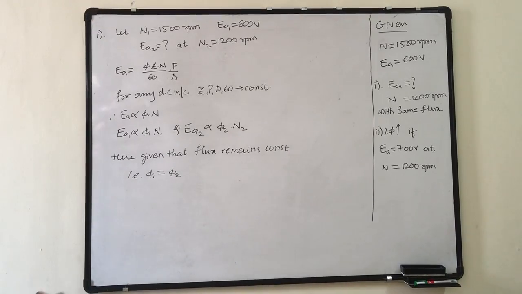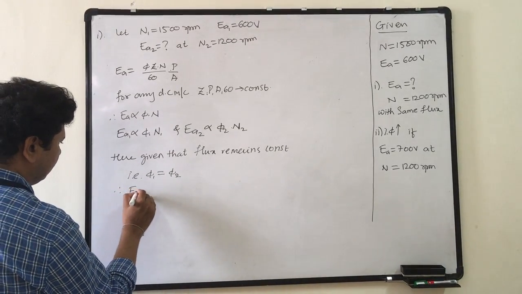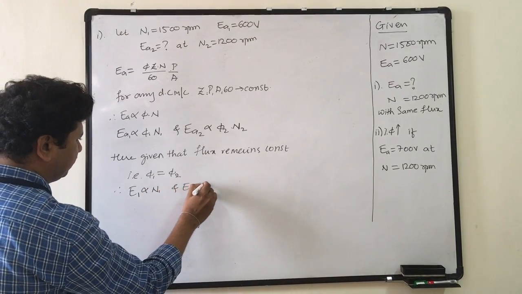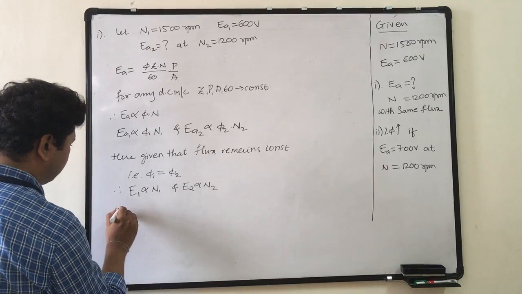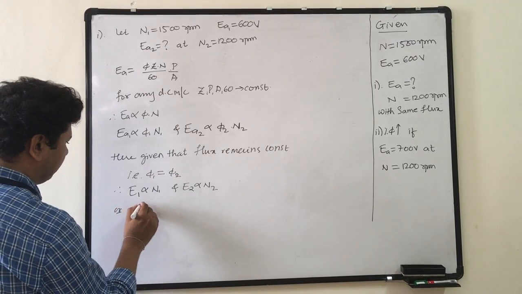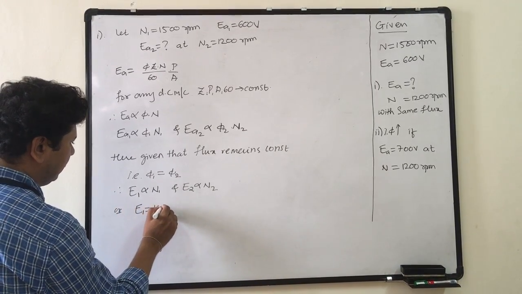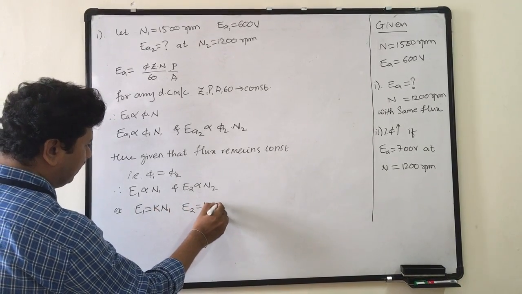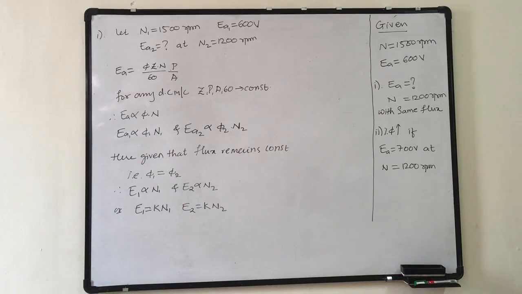Therefore E1 is proportional to N1 and E2 is proportional to N2. Removing the proportionality constant, E1 is equal to K into N1, E2 is equal to K into N2. The same constant remains because flux, poles, parallel paths, conductors, and 60 are the same.